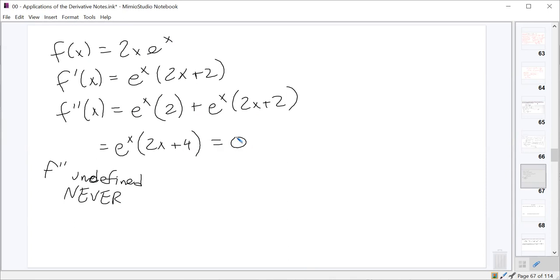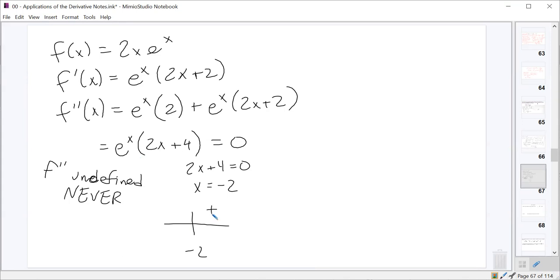But it does equal 0, only when 2x plus 4 equals 0, which would be x equals -2. And we'll make a sign chart to see if we have a point of inflection there. If we plug in something more than -2, for example 0, into our second derivative, e to the 0 is positive, and 2 times 0 plus 4 is positive.